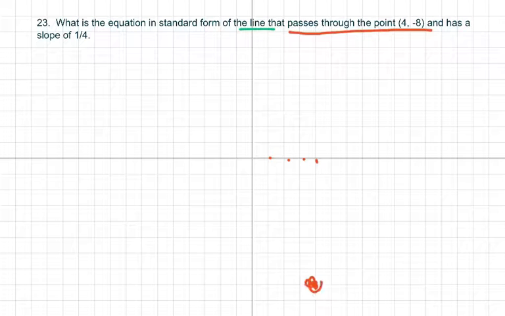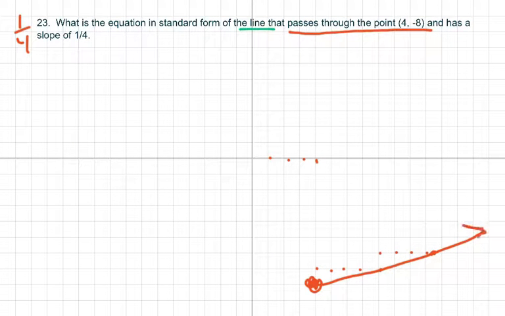So there's that point right there. And the slope is 1/4. That means we go up 1 over 4, up 1 over 4. So basically, there's the line. That's what it means by the line passing through that point.